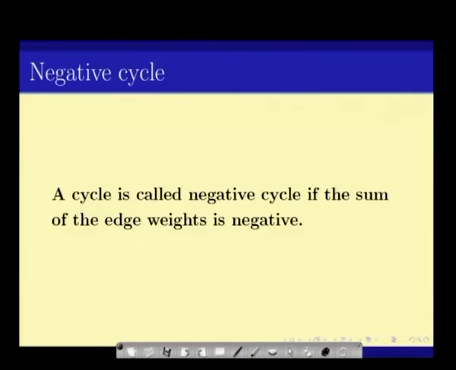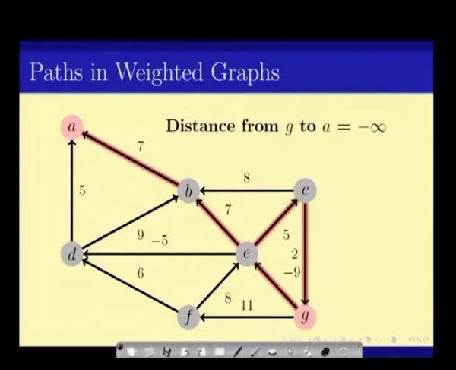We can also have some more weird objects, like a cycle with negative weight. What does it mean? You have a cycle, meaning a path that starts from a vertex and comes back to itself, and the total sum of edge weights there adds up to a negative quantity. For example, here again you go from G to A. So, here is a cycle.